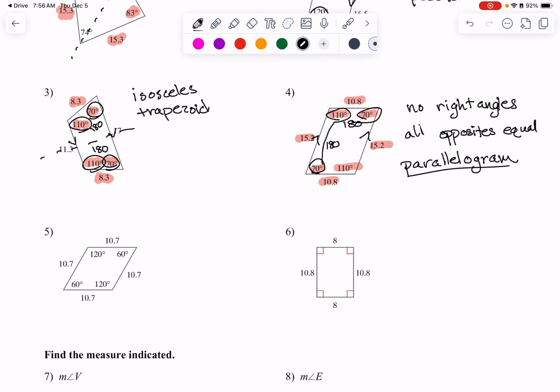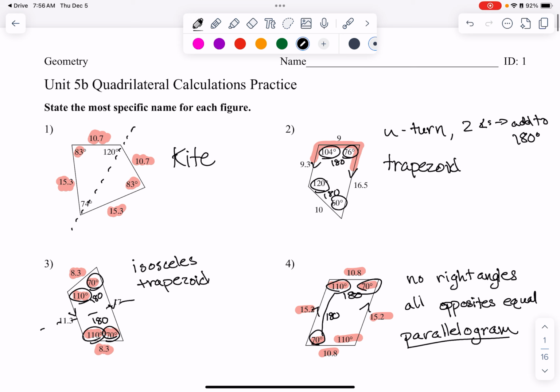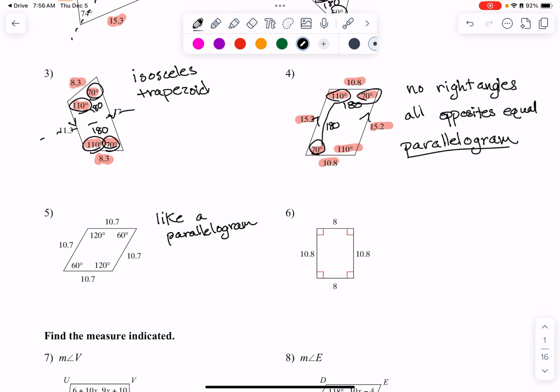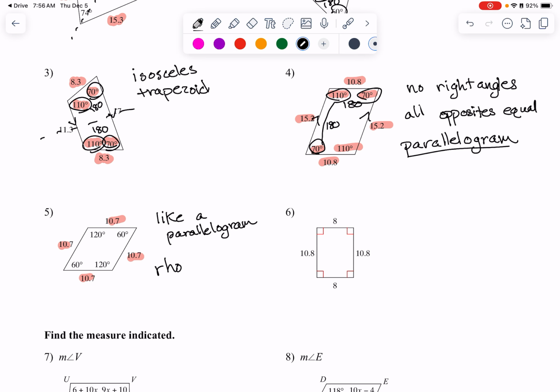All right, this next one, it looks like a parallelogram. It is a parallelogram, but we're asked to be as specific as possible. So it's like a parallelogram, but because we have a bunch of things equal all the way around, all four sides are equal, that means it's going to be a rhombus.